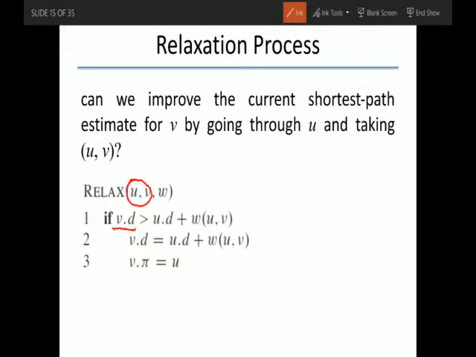If v.d, the estimated value from source to v, is greater than u.d plus the weight of (u, v), that is, if the value of this is less than v.d, we can update v.d with this value. That is, we are assuming that now we are taking the route from u, and since we have taken the route from u, we update the predecessor of v as u.